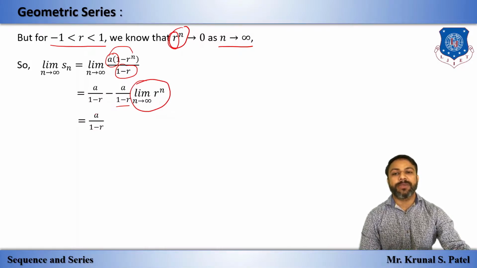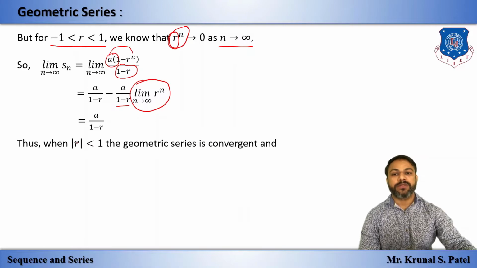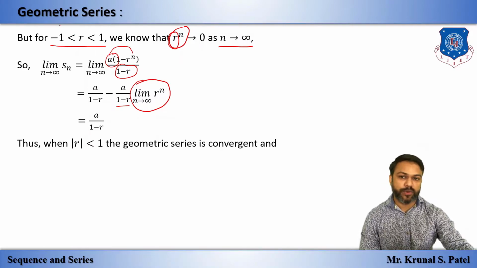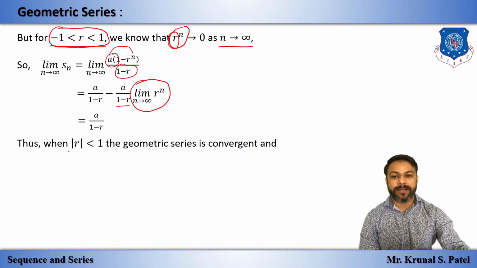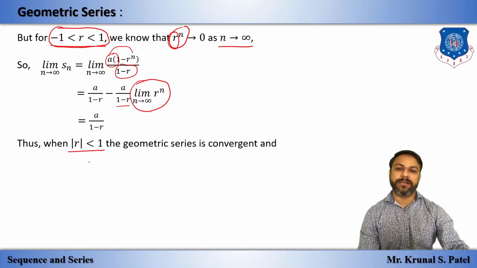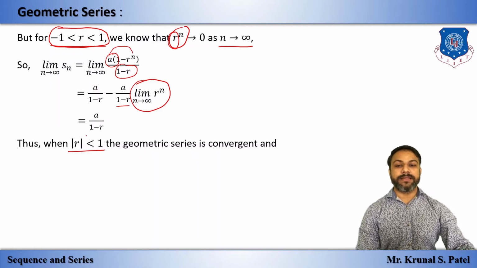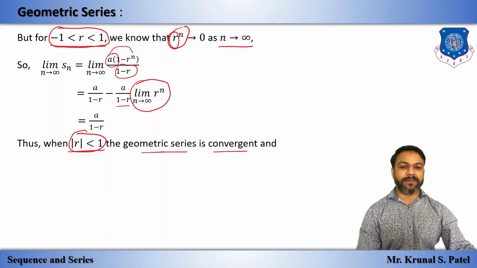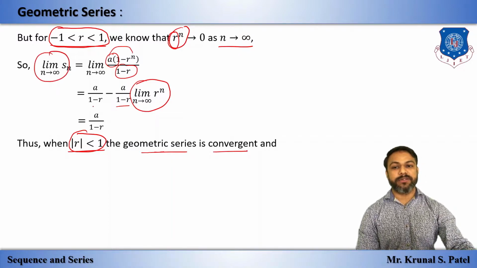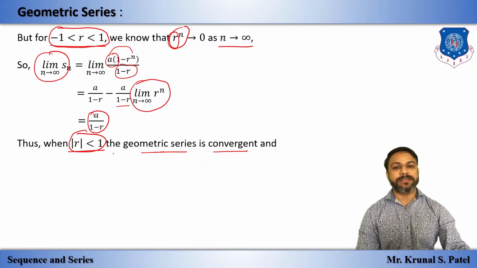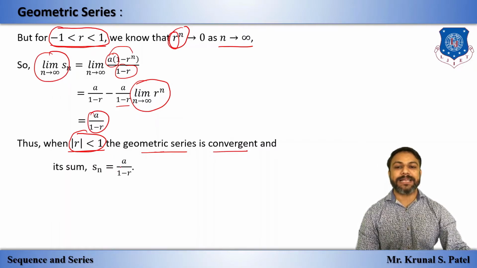So we have the sum a upon 1 minus r when r lies between minus 1 and 1. We write minus 1 less than r less than 1 as mod r less than 1, and therefore in this interval the geometric series is convergent because its sum gives a finite value, and the sum is a upon 1 minus r.